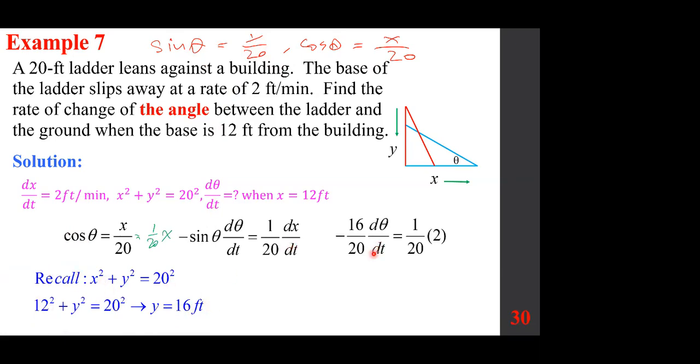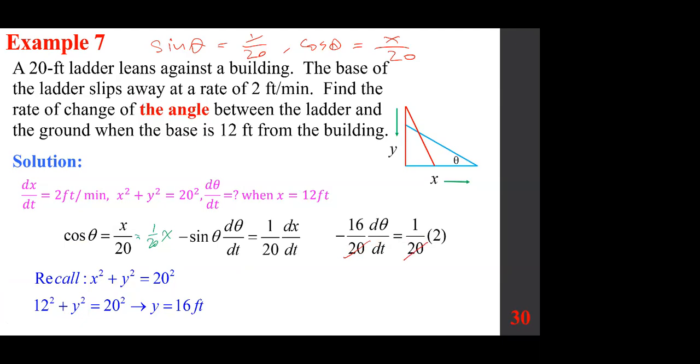Now we are going to replace the sine with y over 20. To solve this, here's a very easy way. I hope you remember one way to solve an equation involving fractions where the denominators are identical on both sides. You can drop them.